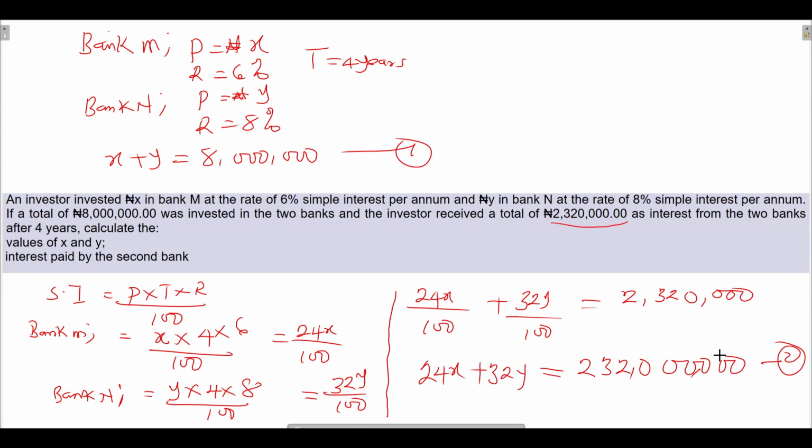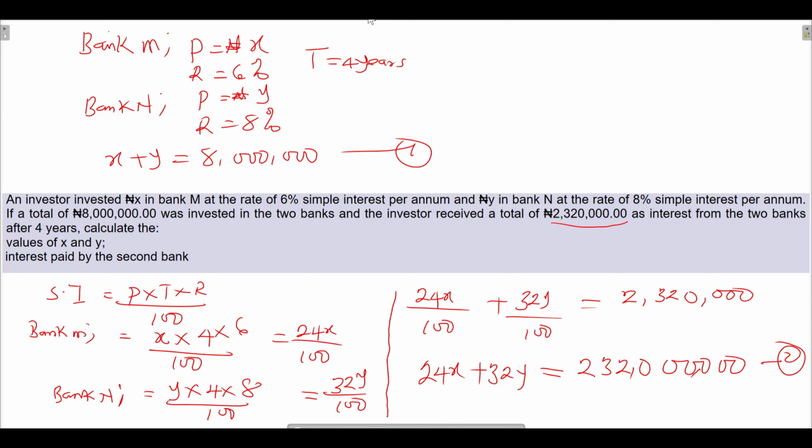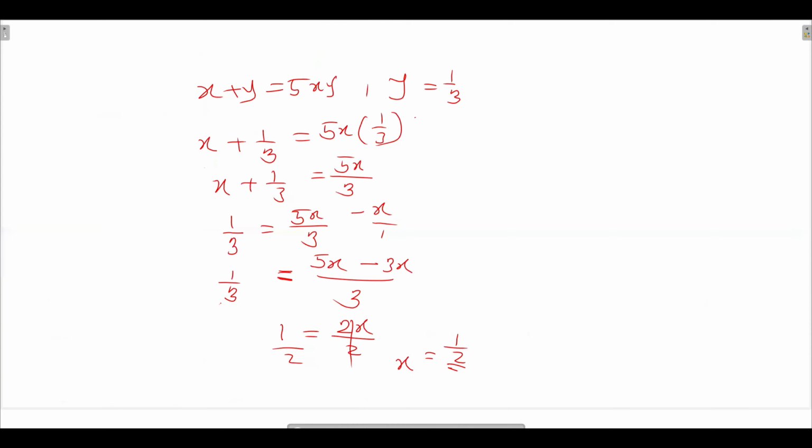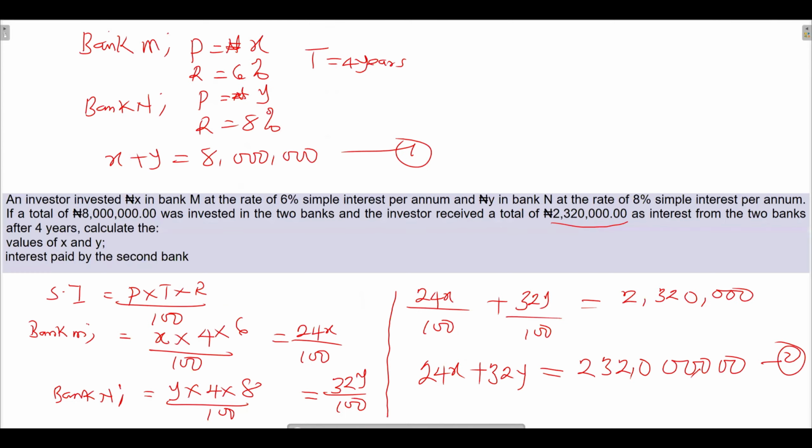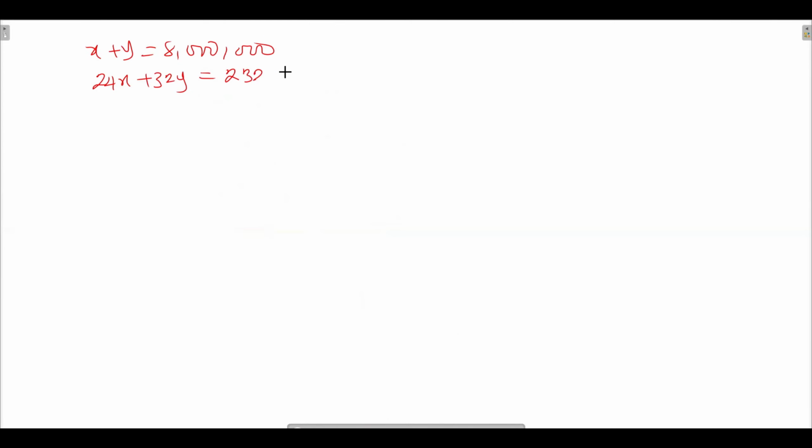Don't forget equation 1 is x plus y. Equation 1 says x plus y equals 8 million. Equation 2 says 24x plus 32y equals 232 million. That's equation 1, and this is equation 2.